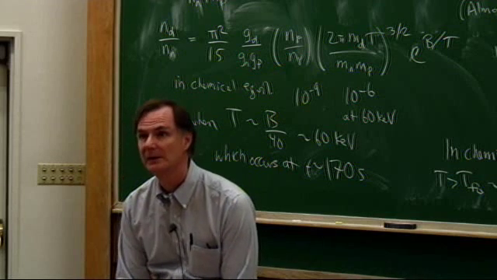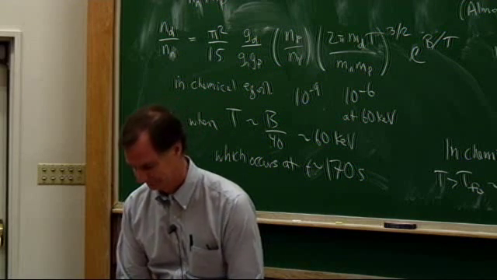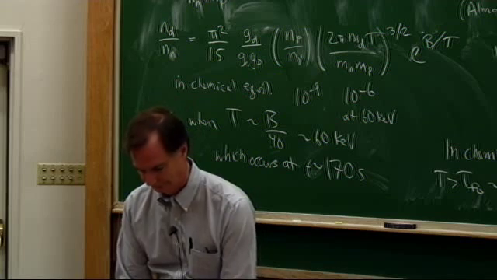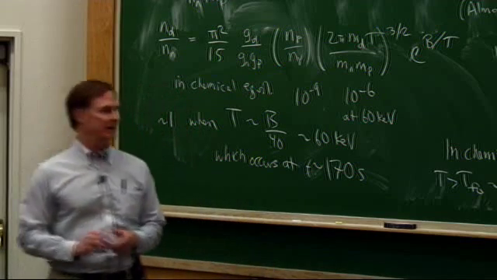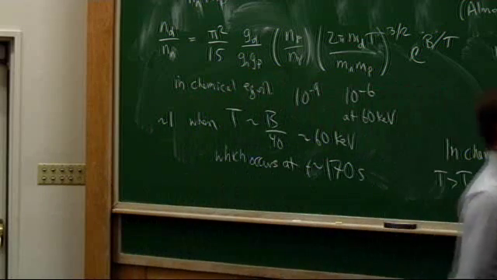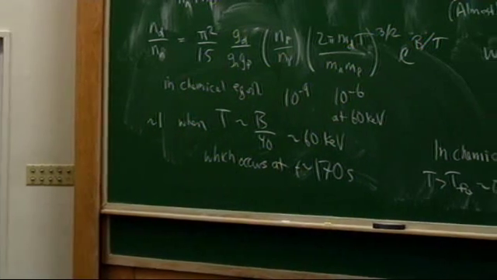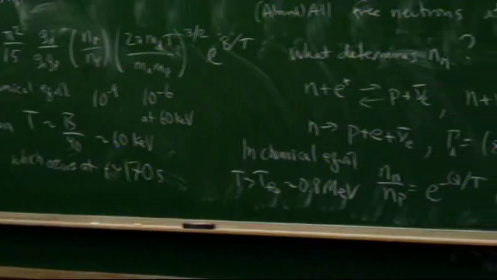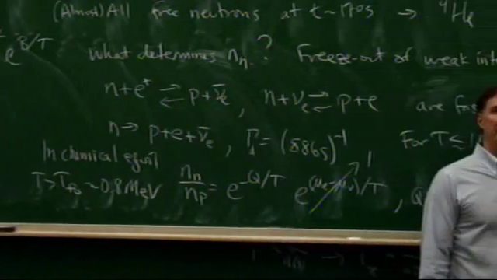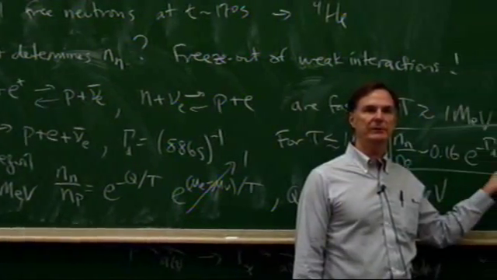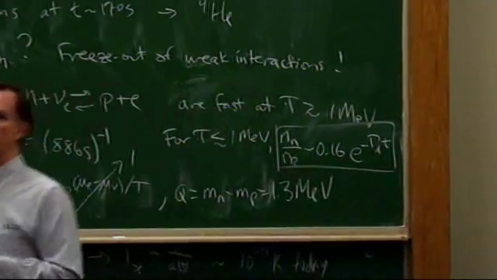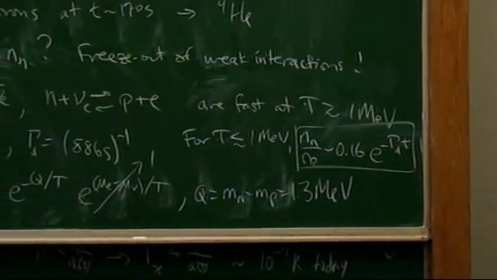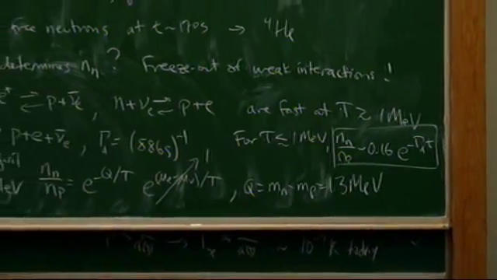So successful BBN constrains the baryon asymmetry very severely. Absolutely. And not only baryon asymmetry, they also constrain the number of relativistic degrees of freedom in the plasma because that affects this T and it affects the amount of radioactive decay. So I said 170 seconds. That is for 3 flavors of light standard model neutrinos.